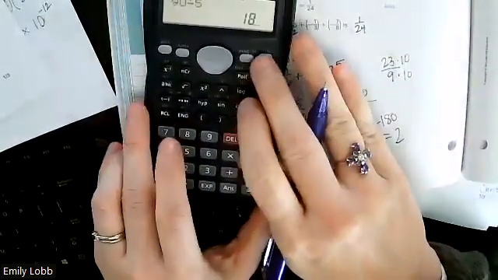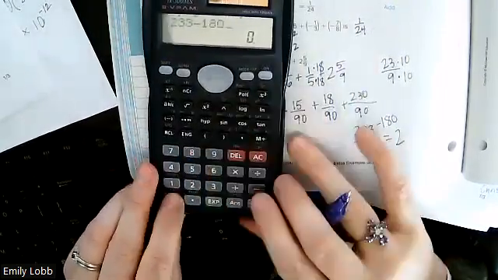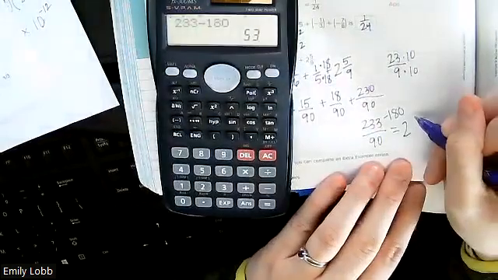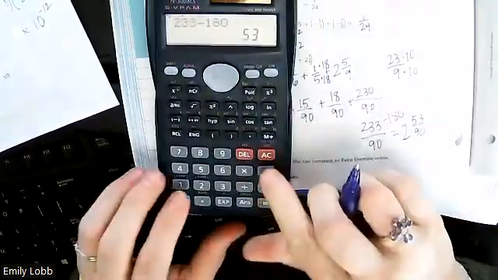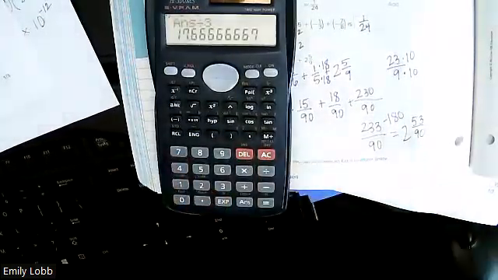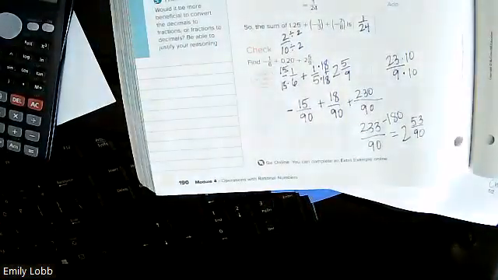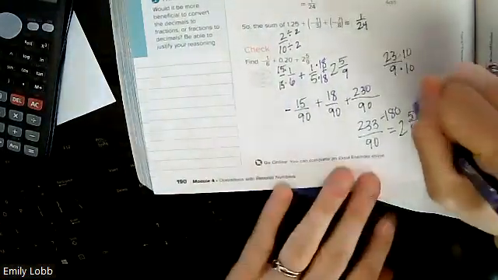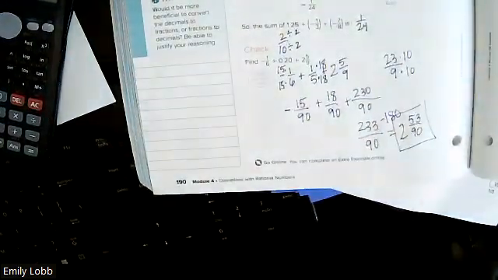So again, you can use your calculator. 233 minus 180 gives me a remainder of 53 90ths. I don't think 53 is a multiple of 3. Nope, it's not. So I think that's as simplified as it gets. Hell, that is ugly. Why would they do that to us?